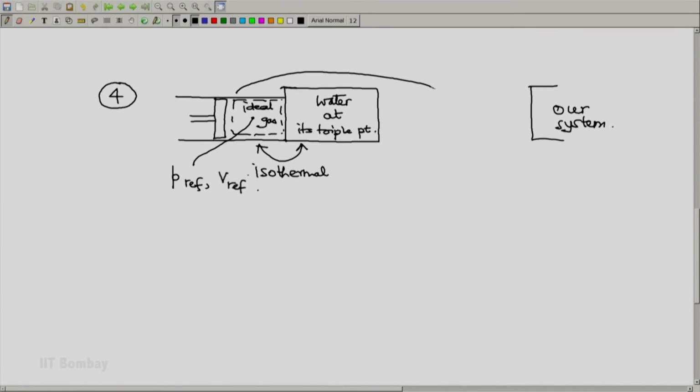Then we bring this system over and bring it in contact with our system whose temperature we want to measure.